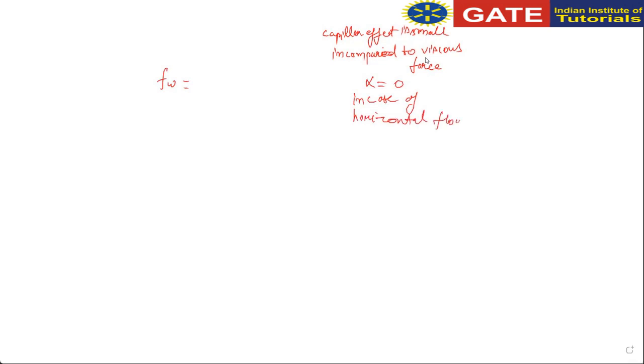So your FW equation will be 1 upon 1 plus KO divided by KW times mu W divided by mu O. And we know the mobility ratio.